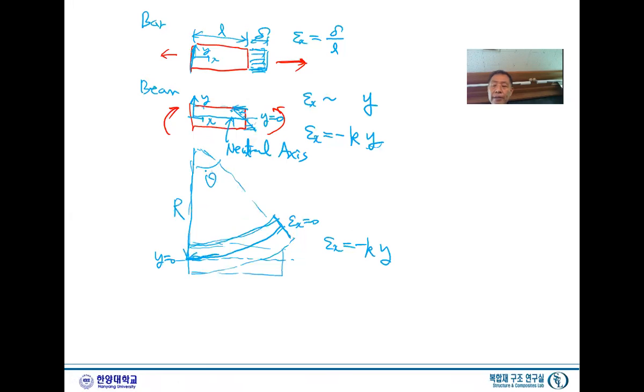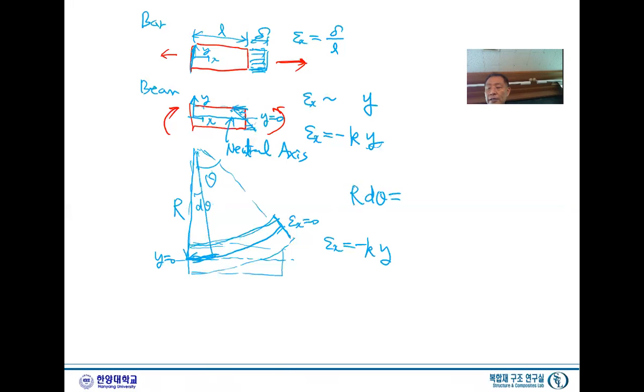And this r, if we look at this, this is a d theta. R d theta is what? R d theta is this much length, right?